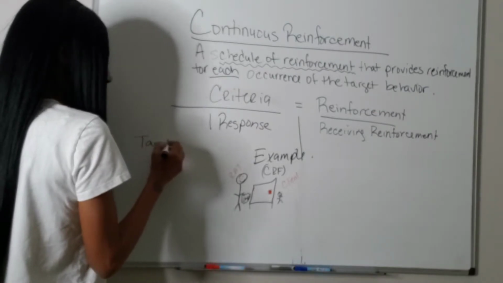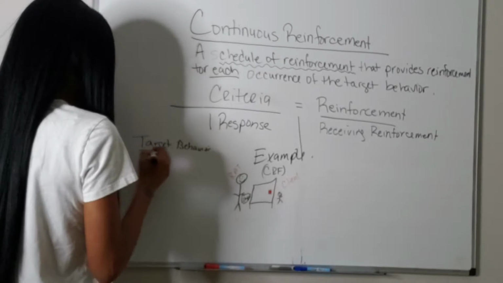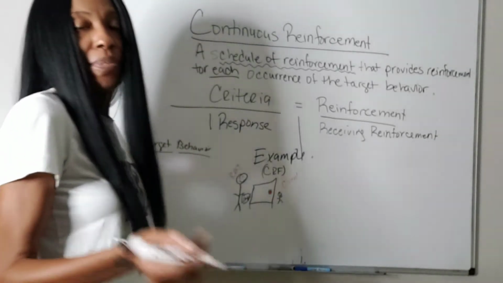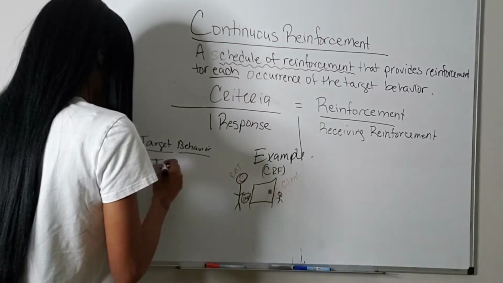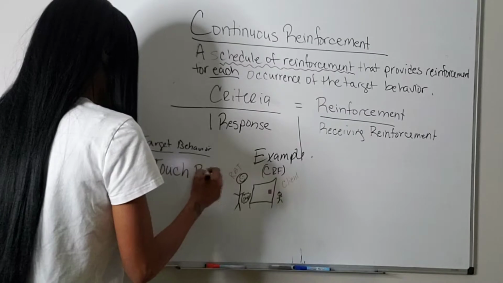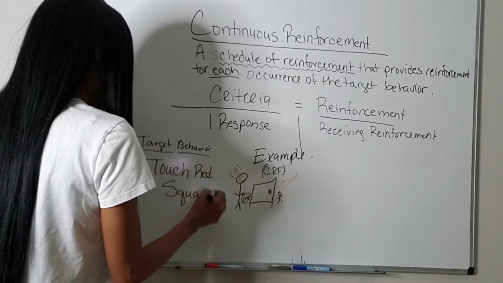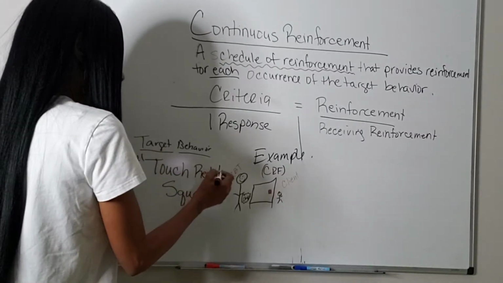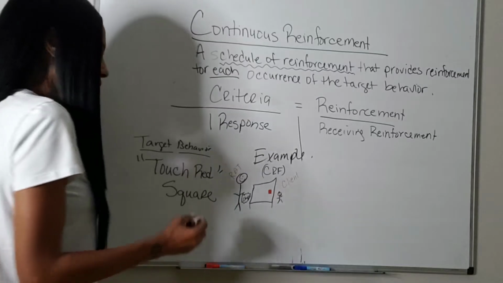The target behavior, target meaning what we're trying to measure, is to touch red square. All right? So this is our target response. We want them to touch the red square.